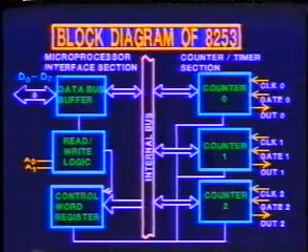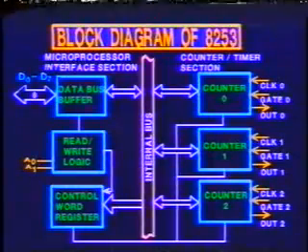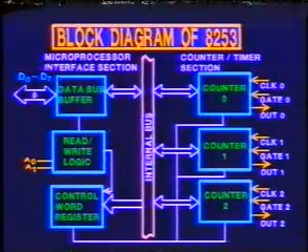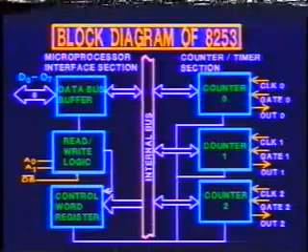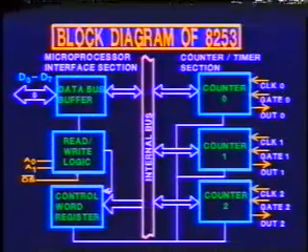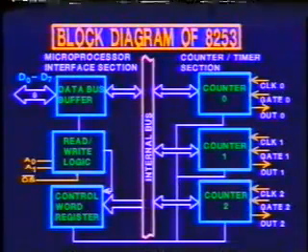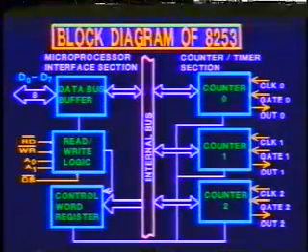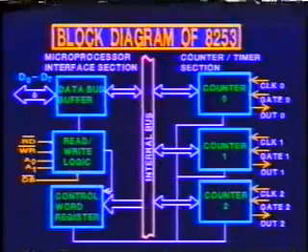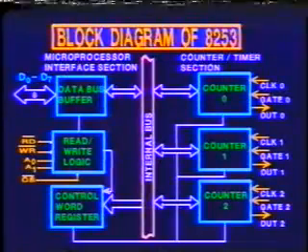The A0 and A1 lines are connected to the A0 and A1 lines of the address bus. The CS bar pin enables the device. The read bar and write bar signals allow the CPU to read and write into the 4 logical registers.